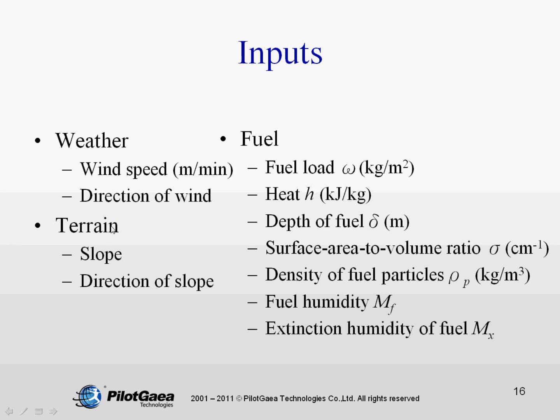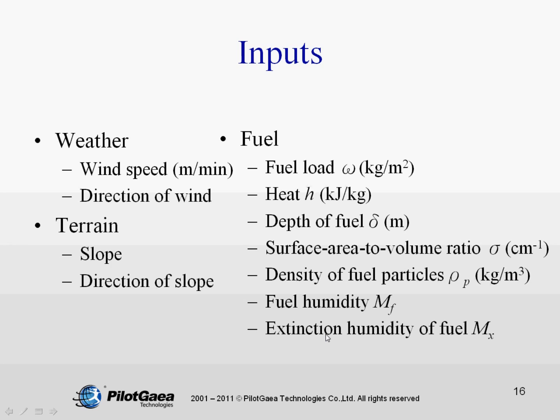The terrain includes the degree and direction of slope. The fuel includes fuel load, heat, depth of fuel, surface area to volume ratio, density of fuel particles, fuel humidity, and extinction humidity of fuel.